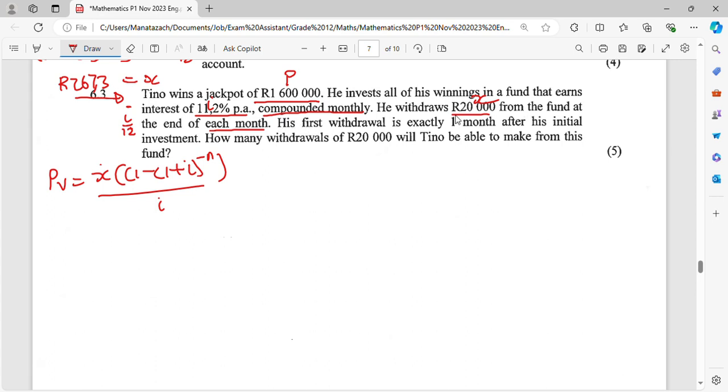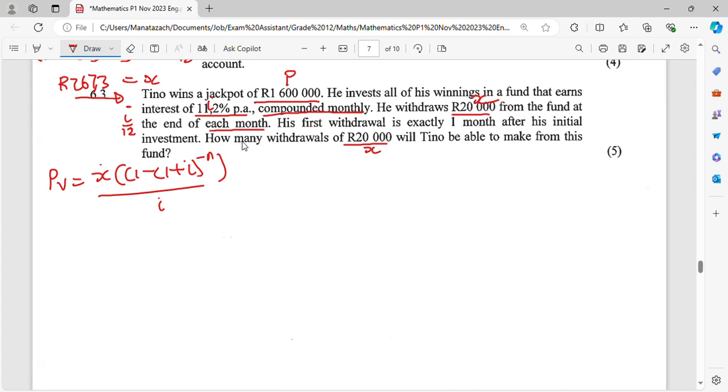His first withdrawal is exactly 1 month after the initial investment. How many withdrawals of 20,000, which is our X once again, will Tino be making from this fund? So let's just plug the numbers and work out the number of withdrawals.